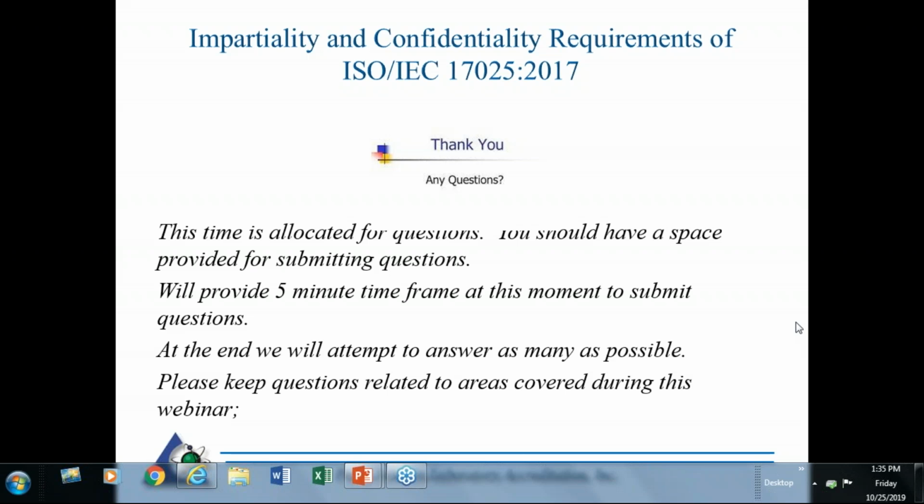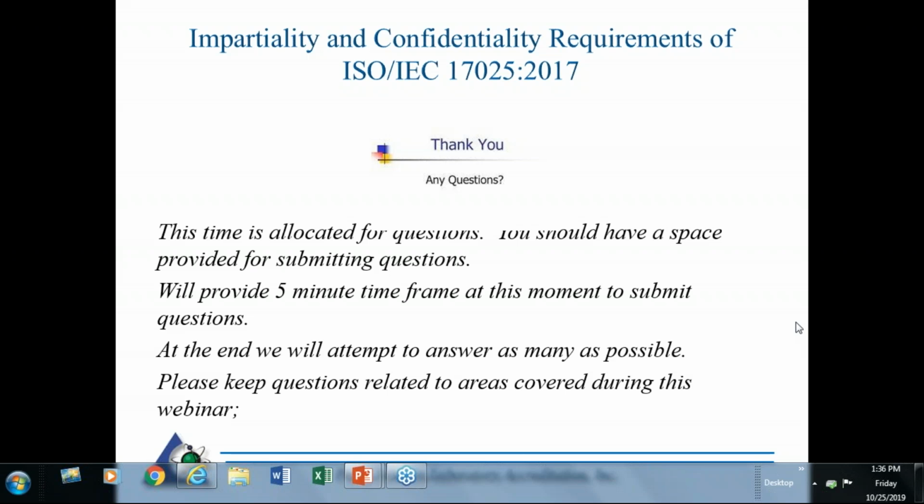And I gave one good place, if nowhere else, where you can make that record: the management review. That would be an example of a place you can document the impartiality.